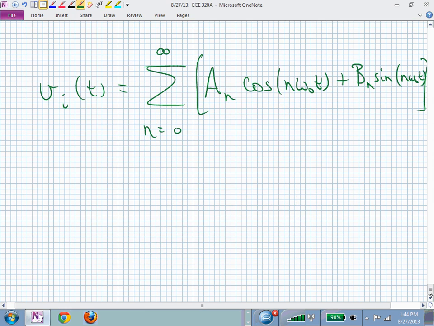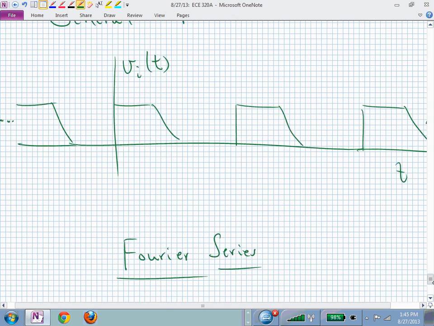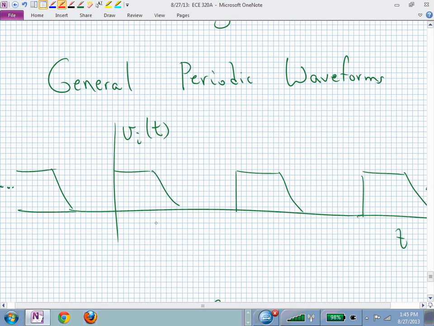This is now, omega naught is 2 pi f naught, but we know that f naught and our period T, which we just identified up here, were reciprocally related. There's our capital T. Now we can divide that into 2 pi.